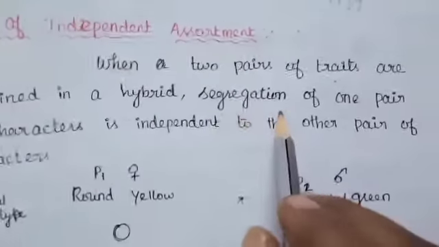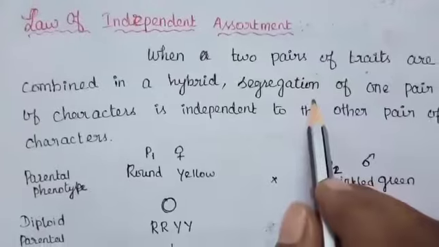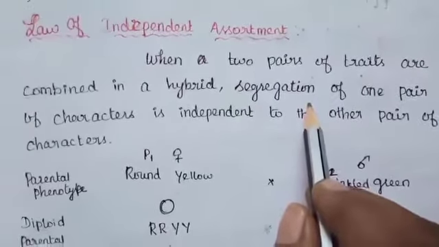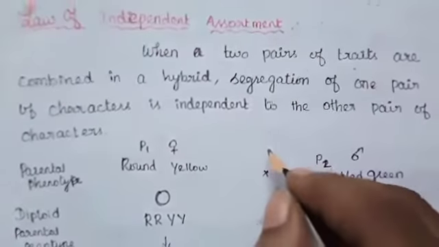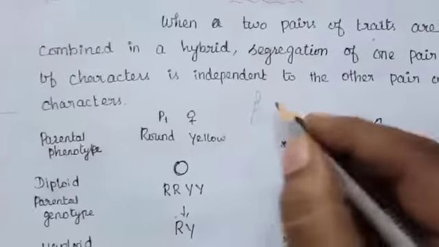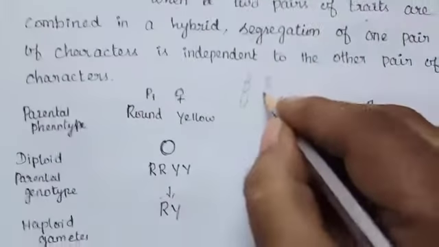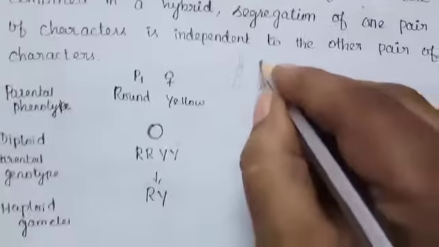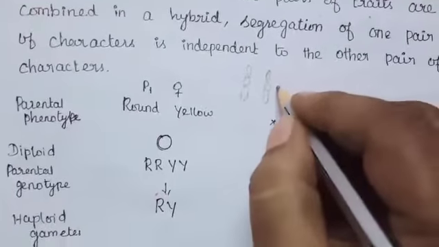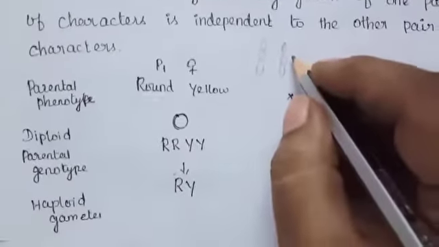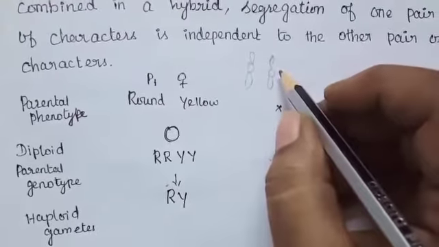So, here independent assortment. Genes located on different chromosomes assort independently during meiosis. After the meiotic divisions, only haploid chromosomes are present. So independent assortment leads to genetic diversity.